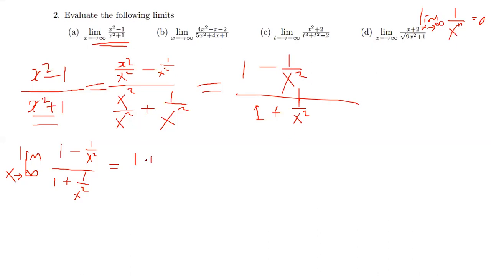So we can say plus 0, then over the limit of 1, which is 1, plus the limit of 1 over x squared, which is 0. So this is just the same as 1 over 1. So 1 over 1 gives you 1. This is how simple these limits are as well. So we move on.